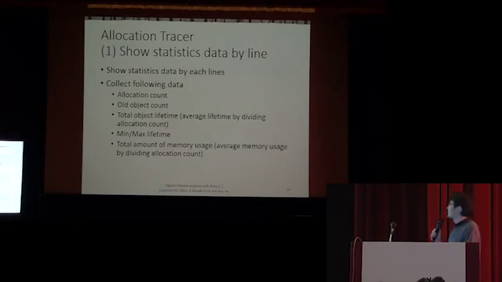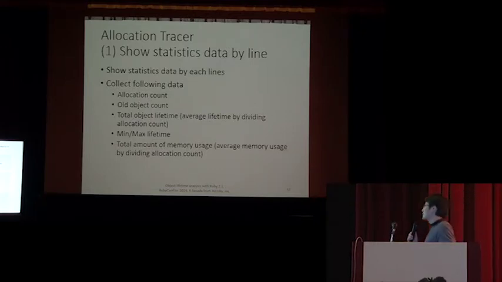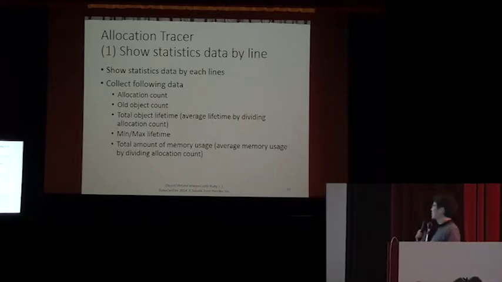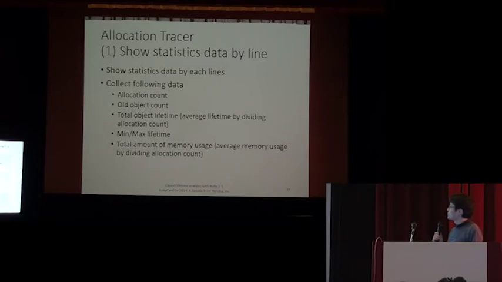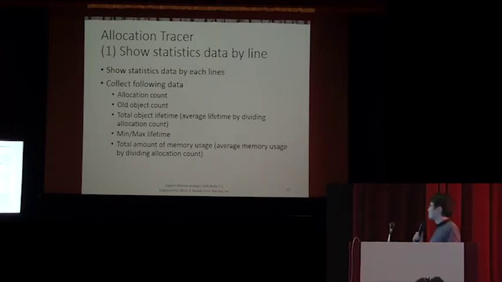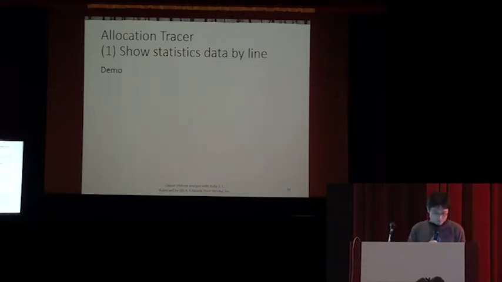The first feature is showing statistics data for each line. For each line we can collect the allocation count, old object count, total object lifetime, minimum and maximum lifetime, and total amount of memory usage. So I will show you the demo.